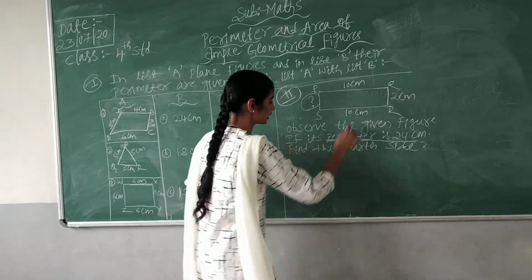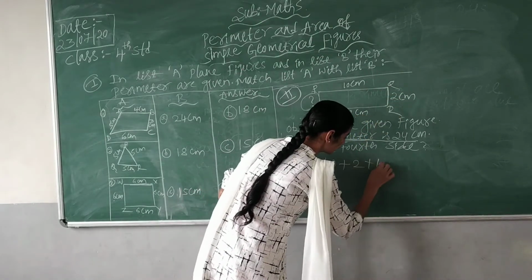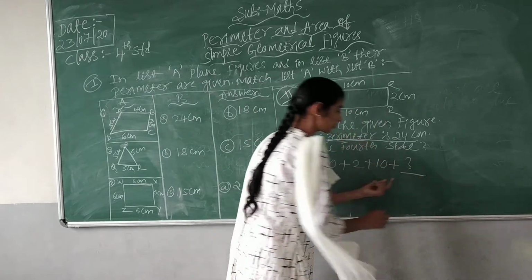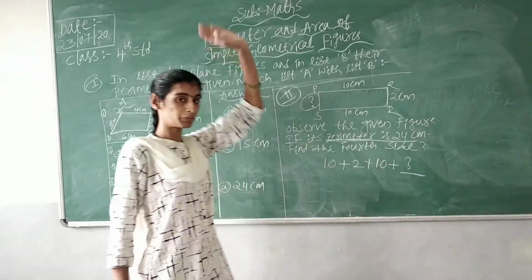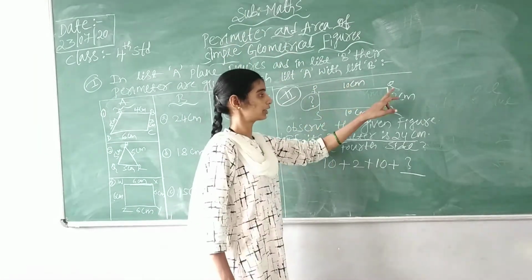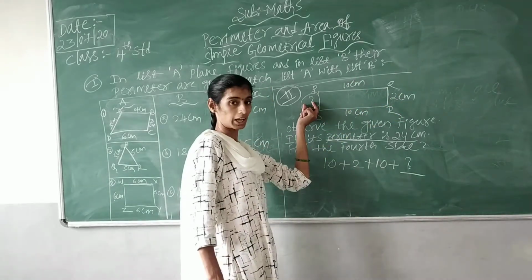So what are the given sides, children? 10 plus 2 plus 10 plus question mark, the 4th side we don't know. So on the left side, LHS, you should write the given sides: 10, 2, 10 and the unknown side.